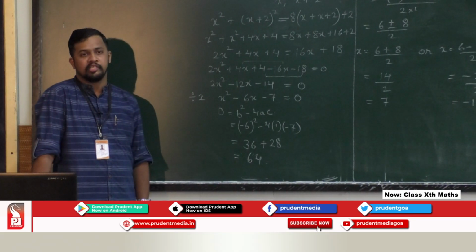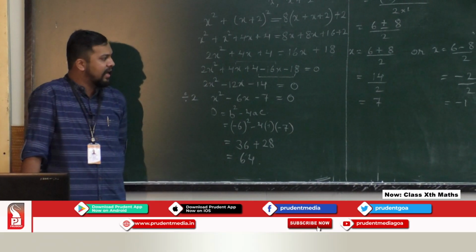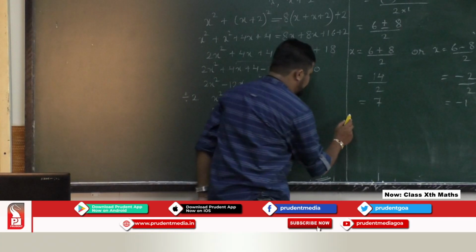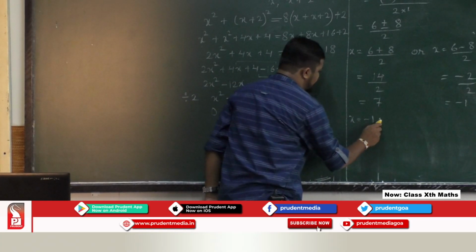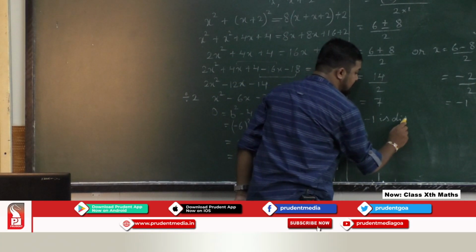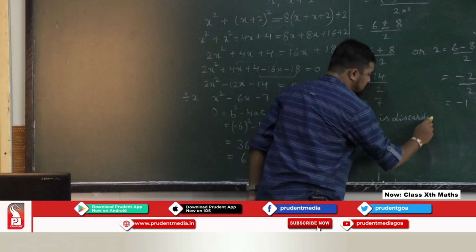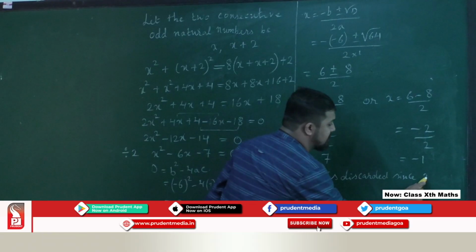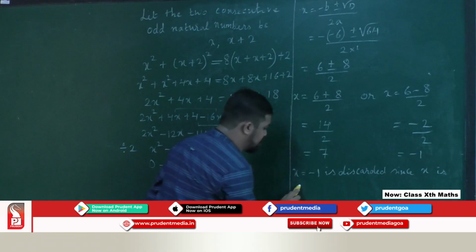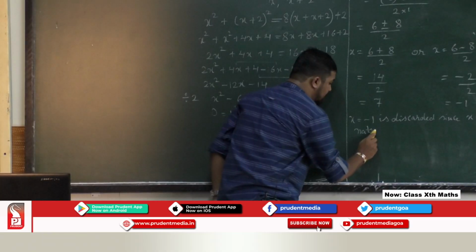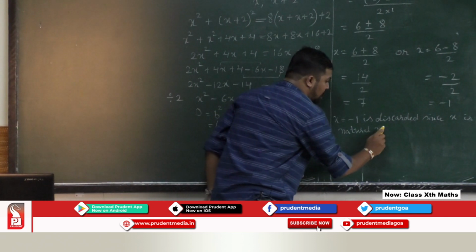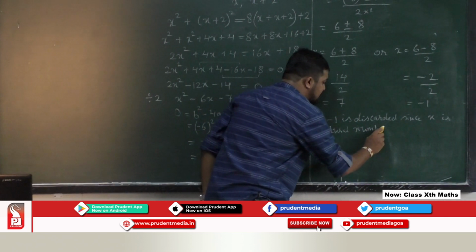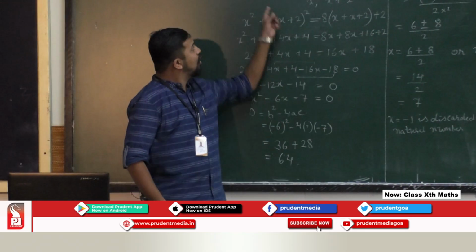Now you know which one you have to discard. Let us discard the number negative 1. So x equal to minus 1 is discarded, since x is a natural number. Or you can even say since x is an odd natural number.